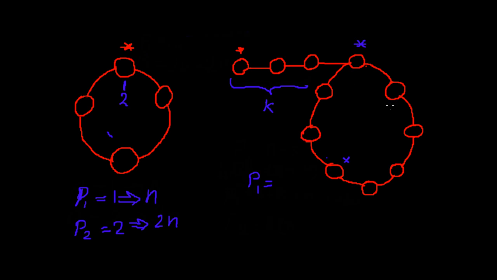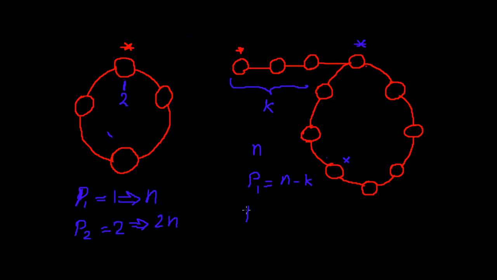The length of the circle is n. If we tell P1 to go n units, P1 is going to end up at n minus k, because the length of the circle is n and he started k units before. So P1 is going to end up at n minus k.